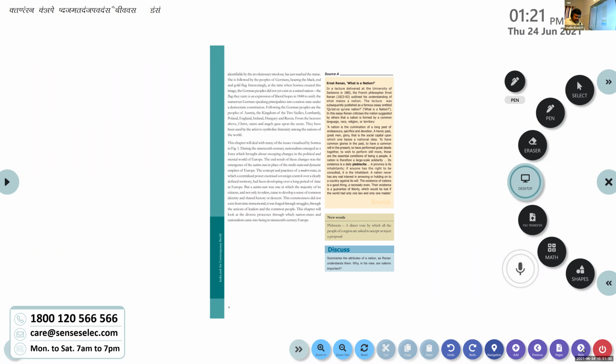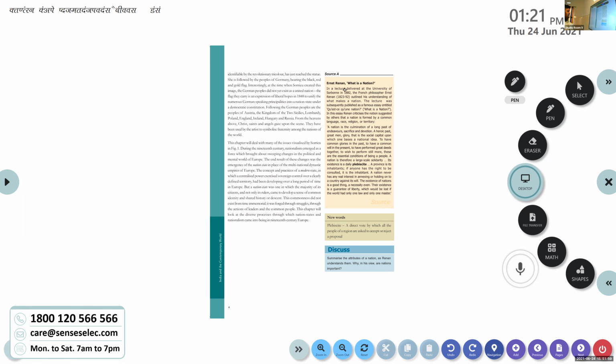The idea of nationalism emerged as a force which brought about sweeping changes. So what kind of changes? You can underline here: political and mental world of Europe, it is changed.